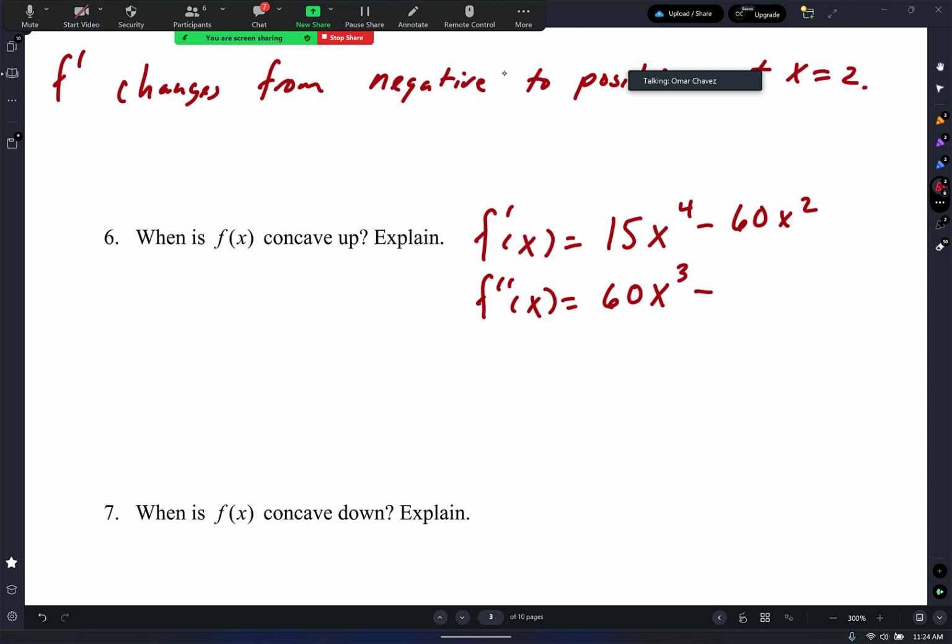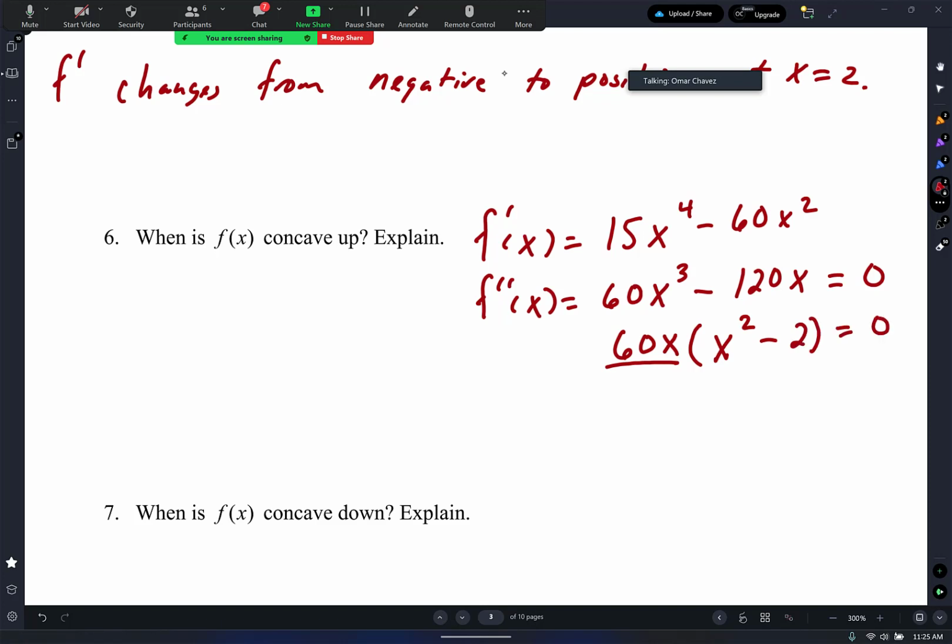Minus, and 60 times 2, what's that? 120x. And I'm going to set this equal to zero. What can I factor out? Yeah, algebra never goes away, guys. 60x. So if I factor out a 60x, I'm going to have x squared minus, how many times does 60x go into 120? 2 equals 0.